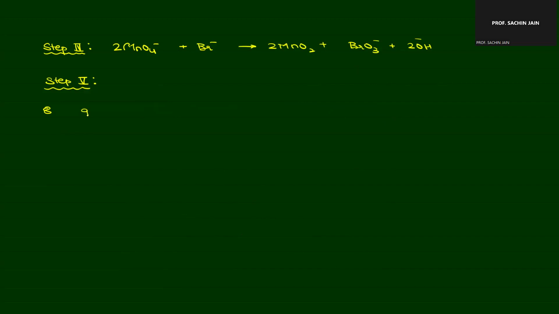So 8 and 9 would be balanced by plus 1 on the left, which means you have to add 1 H2O on the left-hand side, thereby giving the reaction 2MnO4 minus plus Br minus plus water, giving 2MnO2 plus BrO3 minus and 2 OH minus.